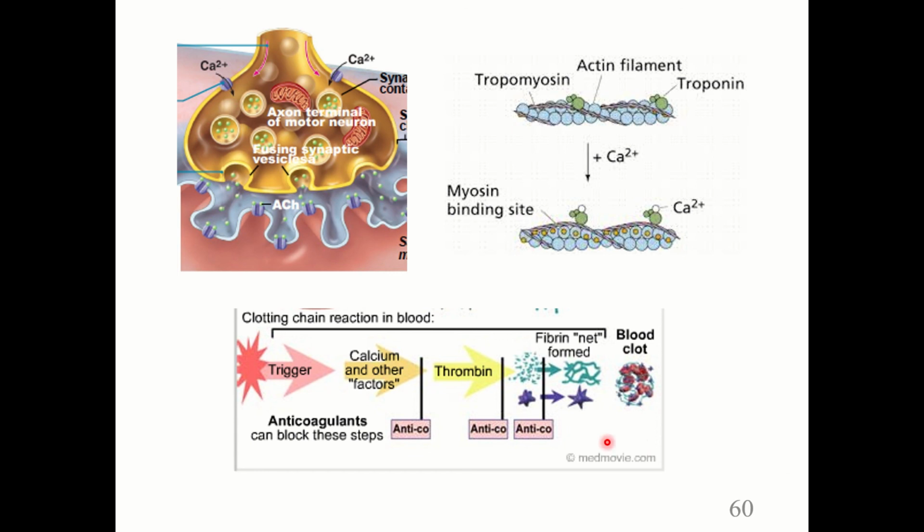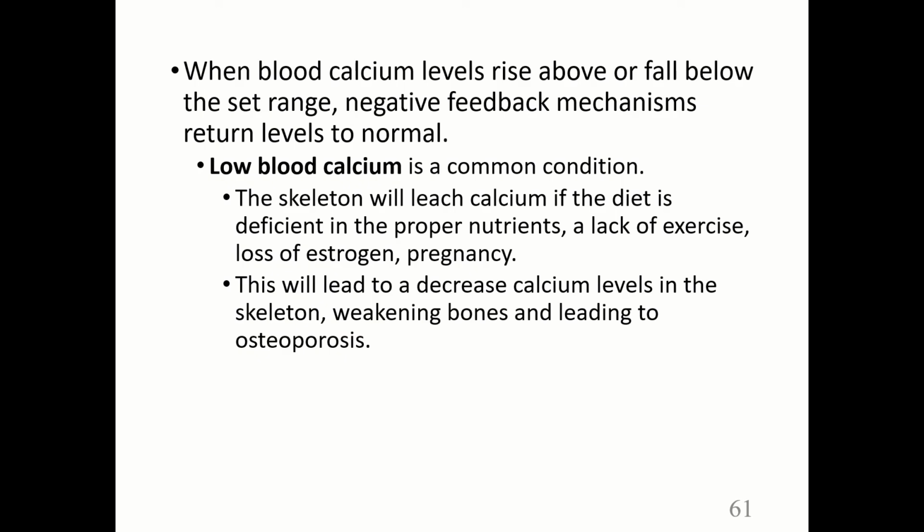The anticoagulants that you're seeing here will block the steps of blood clot formation. They're also called blood thinners. When blood calcium levels rise above or fall below the set range, negative feedback mechanisms will return levels back to normal.